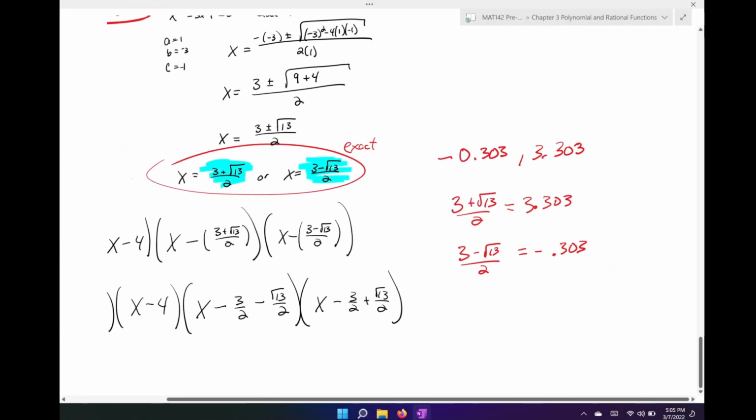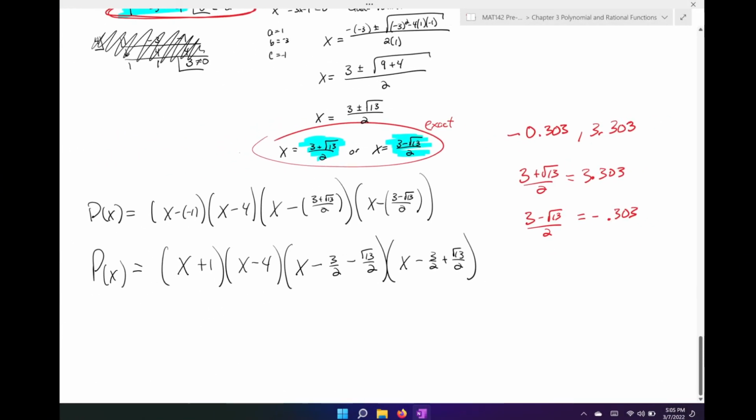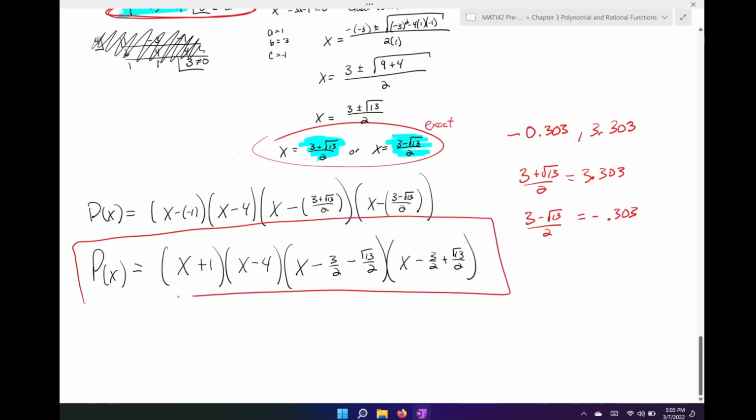All right, so here in red, I just boxed in our factored polynomial. We know the zeros are -1, 4, and then -3 over 2 minus the square root of 13 over 2, and -3 plus the square root of 13 over 2. And those numbers are decimal approximations on Desmos.